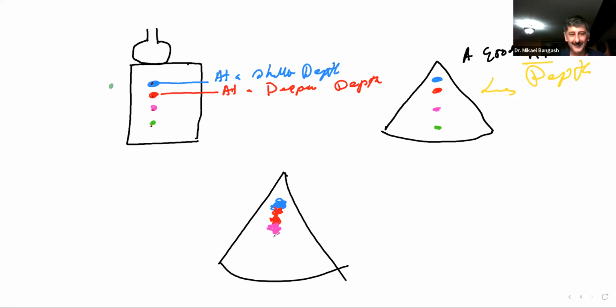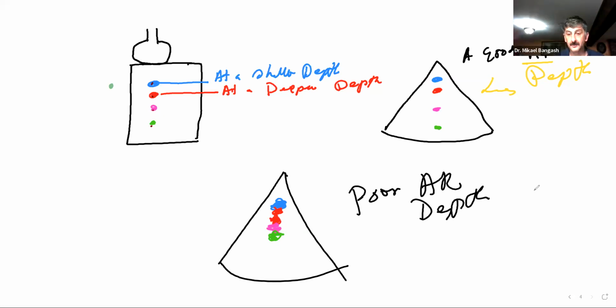The pink is going to be smushed with the green. What is that? Well, girls, this is what we would call a poor axial resolution. Or we can say a poor or degraded depth resolution, or radial resolution, or range resolution, or longitudinal resolution.